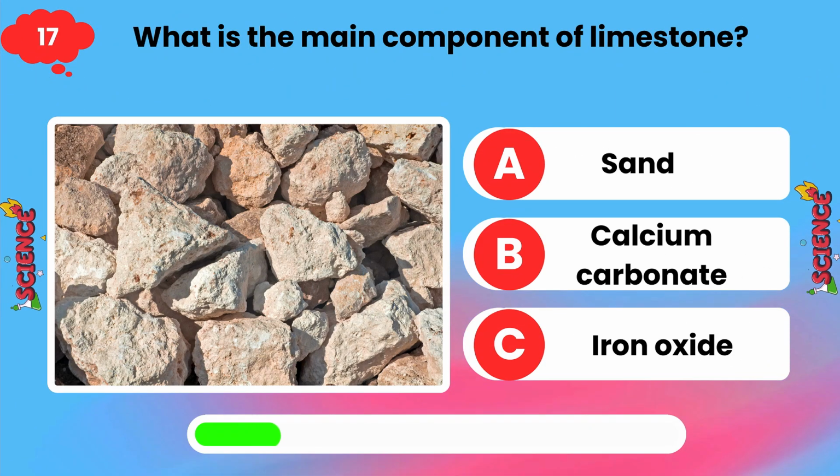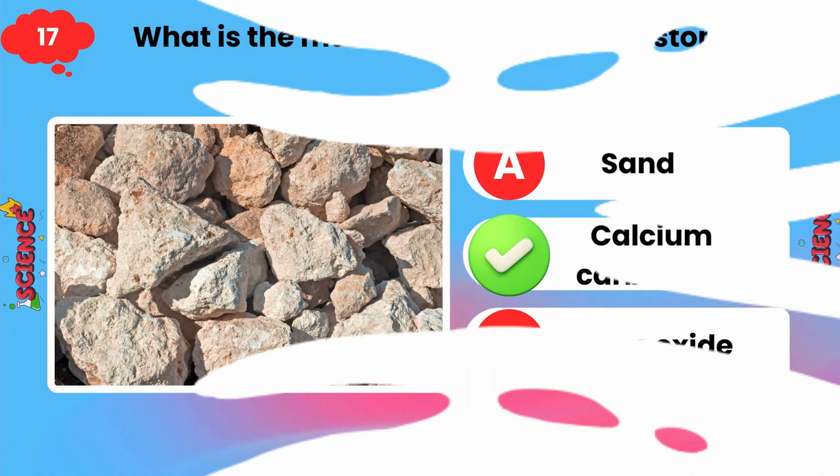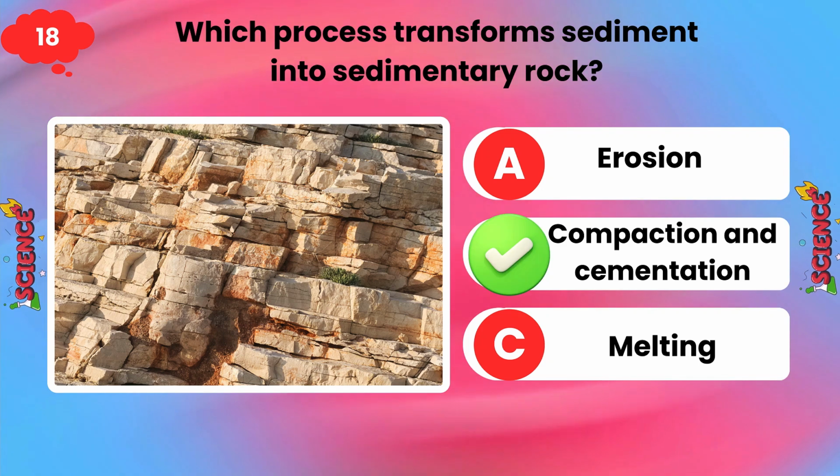What is the main component of limestone? Calcium carbonate. Which process transforms sediment into sedimentary rock? Compaction and cementation.